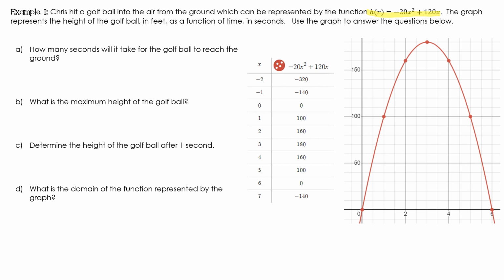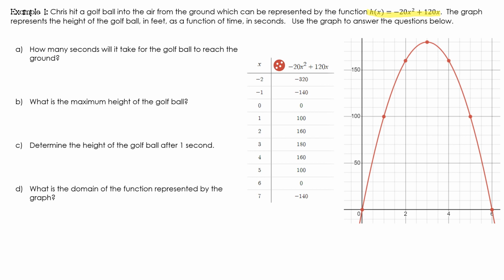Now, when you graph that function in Desmos, it's going to look different to you because your scale might be off. Notice my scale here is going by 50s, but my scale down here is going by 2s. You can manipulate the scale to make the graph easier to look at. You can also just zoom in, zoom out, up and down, and you would still be able to find all of these answers.